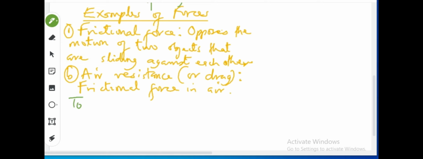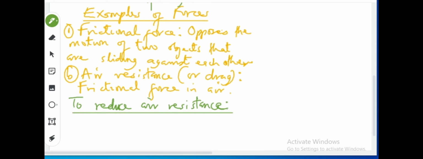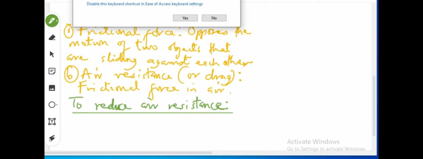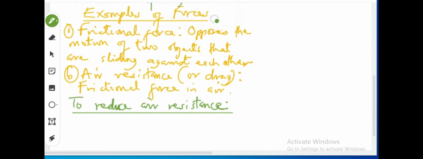To reduce air resistance, you have to reduce the cross-sectional area. And what do we call that? Streamlining. You have to reduce cross-sectional area.